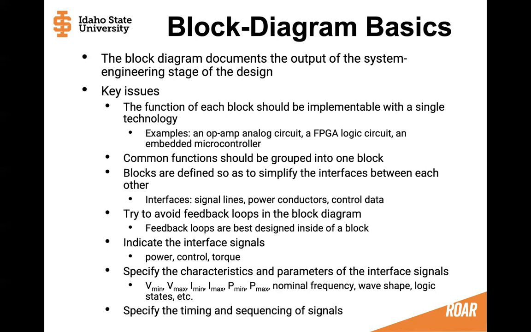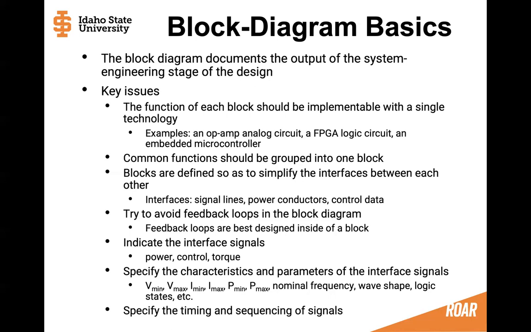It's better to avoid having a feedback loop inside of a block. Feedback loops are better to be their own block. Whenever you have power or control or other signals going between blocks, you should indicate these. And then you should specify the characteristics or the parameters of whatever signals are going between the blocks.